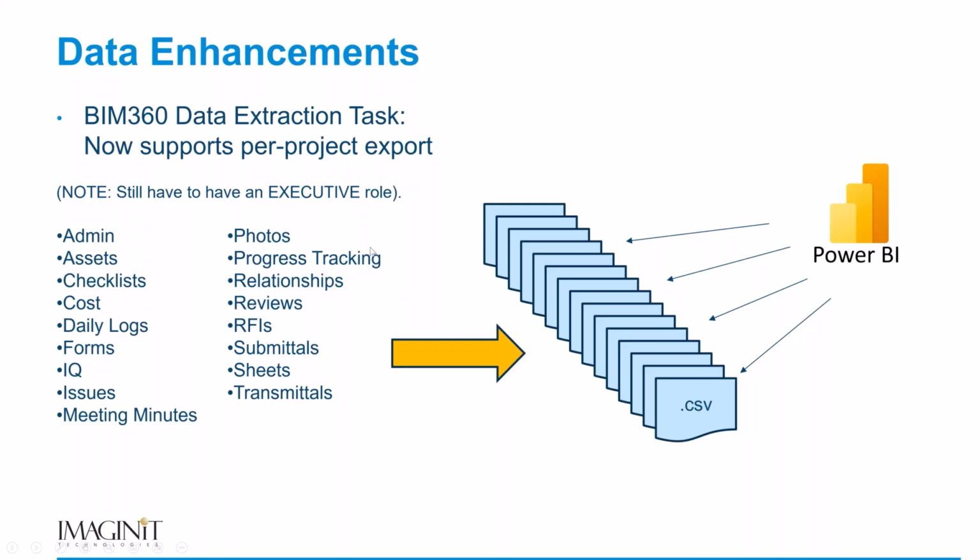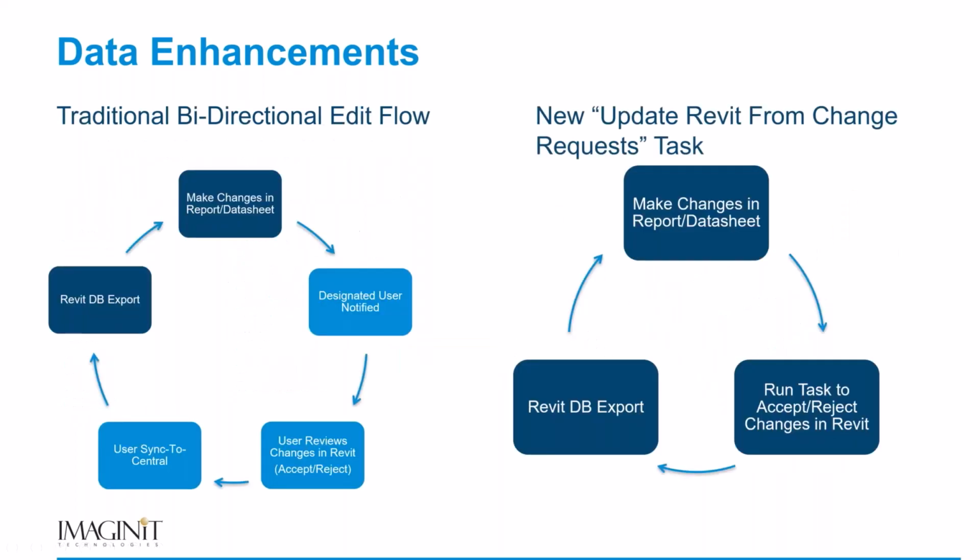All right, so that's this kind of data enhancement. Another data enhancement that I was going to talk about was related to how Clarity traditionally dealt with a bidirectional data changing workflow.